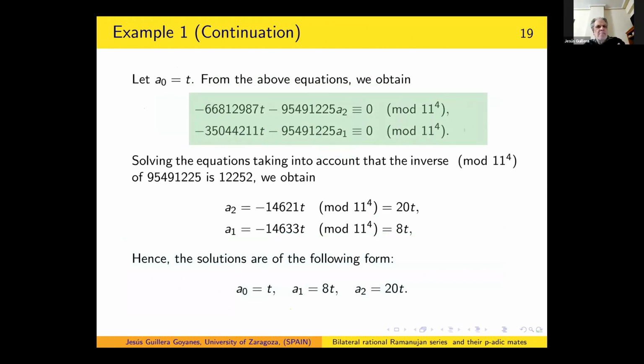Now, modulo 11 to the 4. And solving the equations, taking into account that the inverse modulo 11 to the 4 of this number is this one, we obtain that A sub 2 equals this modulo 11 to the 4, and this is equal to 20t, and this is equal to 8t.